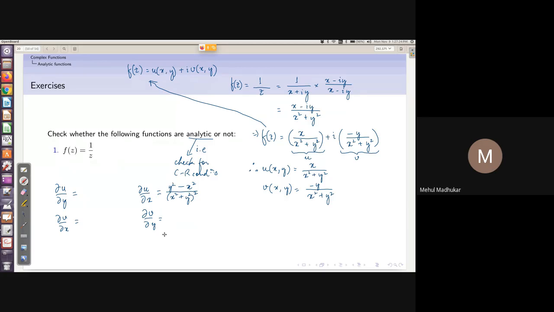Sir, actually, it's the same thing. It is 1 by x square plus y square minus 2x square by x square plus y square whole square. Just simplify everything. Anybody else got the others? So it is y square minus x square by x square plus y square whole square. Next one. What about dou u by dou y?